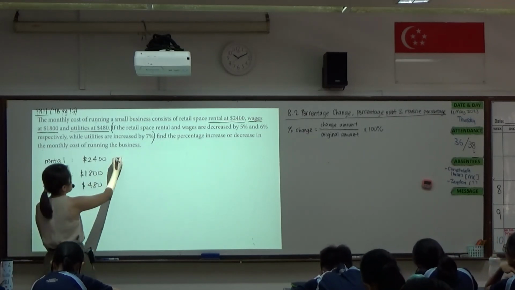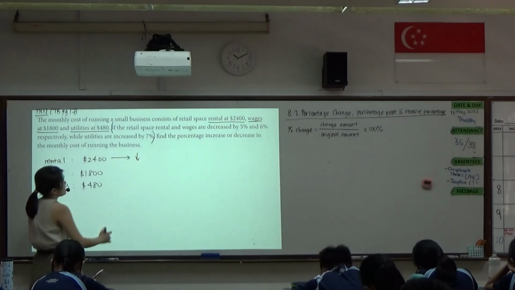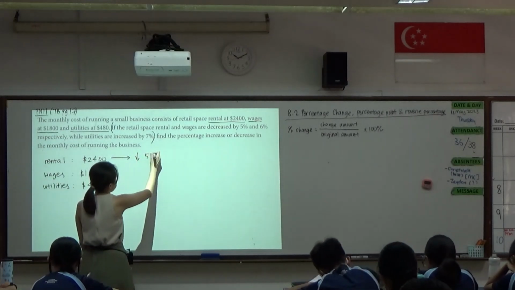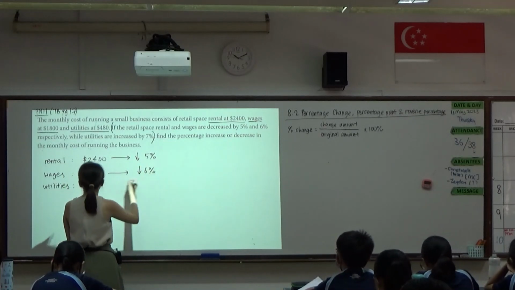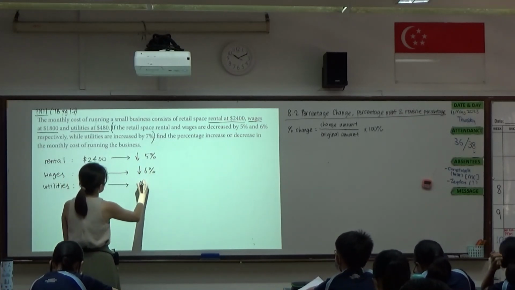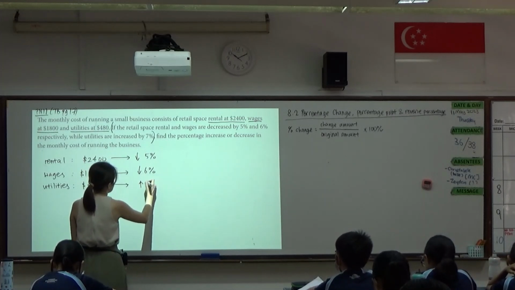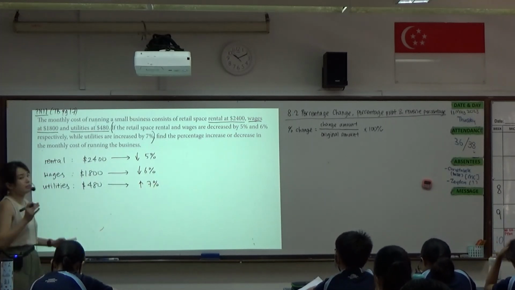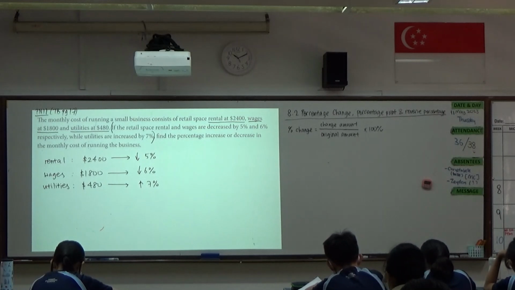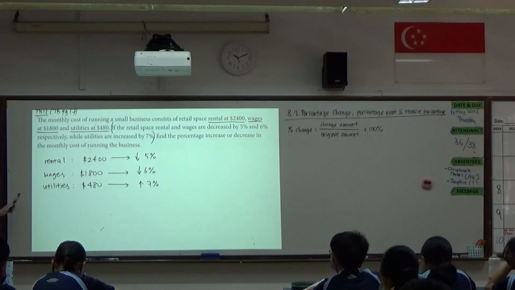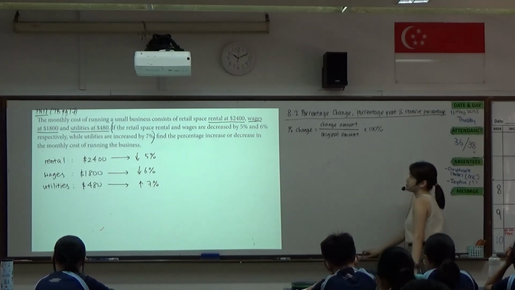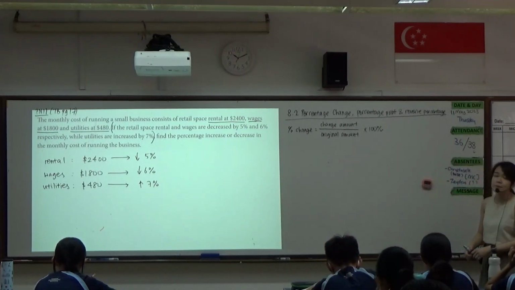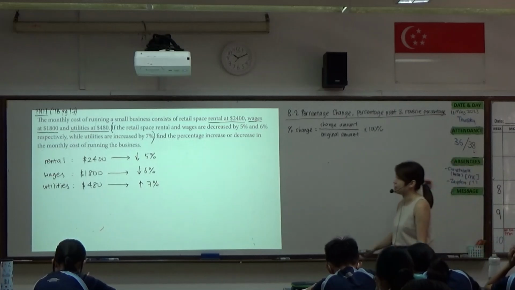We know that your rental decreased by 5%, wages decreased by 6%, utilities increased by 7%. So this itself summarizes for us the information. I find this easier for me to understand. And now I proceed with my calculations.